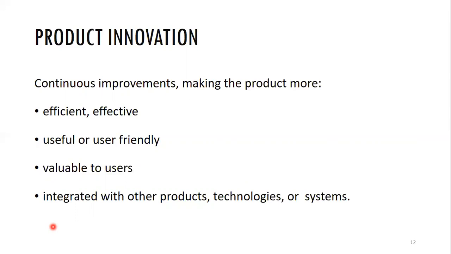And one thing I would like to add here is to be more flexible and sustainable as well. Sustainable, based on environmental, social, and economic sustainability. So we have to consider these different factors in product innovation as well.